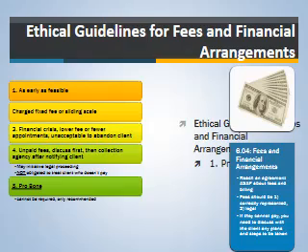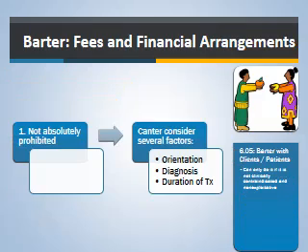You are not obligated to keep working with someone, but terminate ethically and appropriately if they can't pay. You don't have to. You can see them free if you want, which leads us to General Principle B, which is you are encouraged to offer pro bono services, but not required.